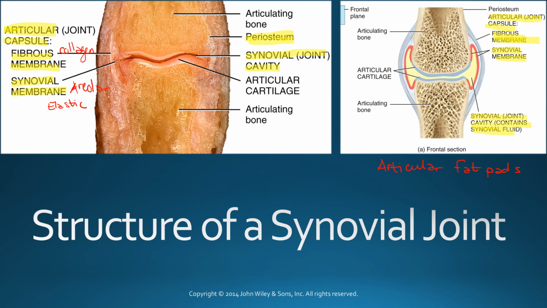The synovial membrane secretes synovial fluid, a viscous, clear or pale yellow fluid that is named for its similarity in appearance and consistency to uncooked egg white. The fluid forms a thin film over the surfaces within the articular capsule.